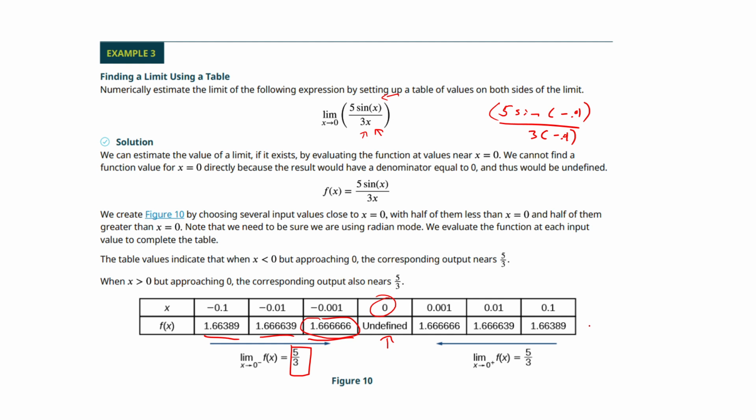And if we do it from the right, the exact same thing occurs. We begin to stabilize, and look, it's the same number. From the left or from the right, we're getting the same number. So even though we have a hole here, or an asymptote, something's going on at 0, from the left and from the right, we're receiving a value of 5/3.